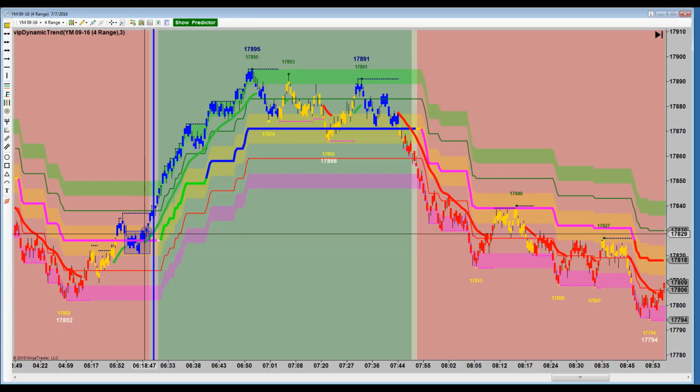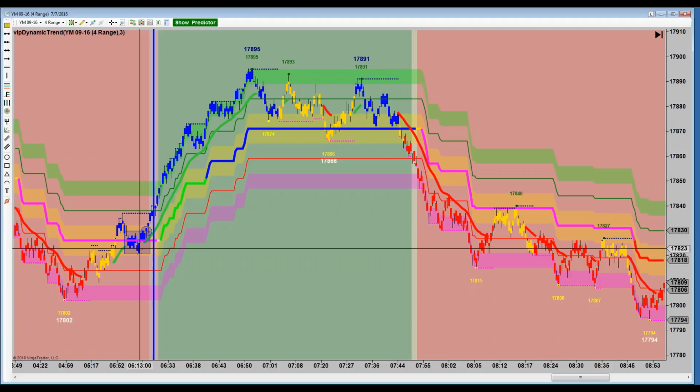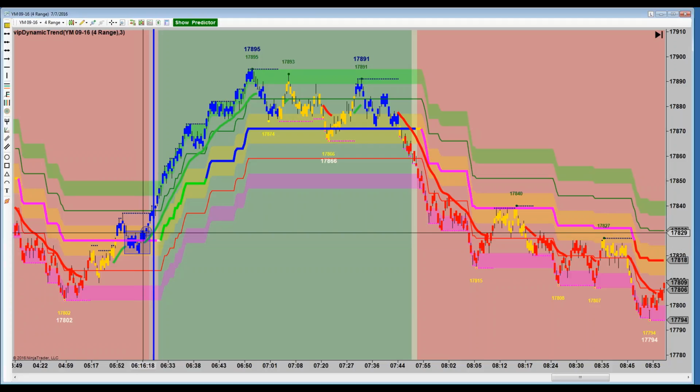So how large is this box from top to bottom? Depending on how you drew it, anywhere from 8, 9 ticks, 10 ticks. This is a good size box. Just as a rule of thumb, generally speaking, you're going to want your boxes to be at or around 10 to 12 ticks or less.